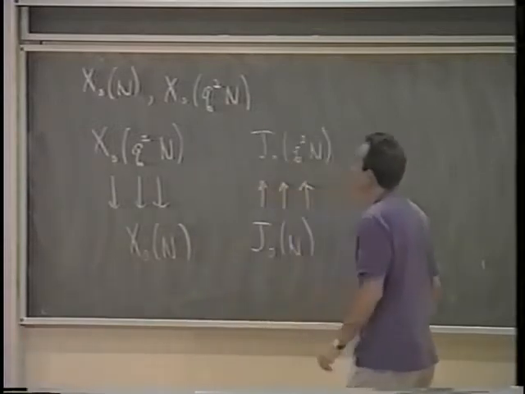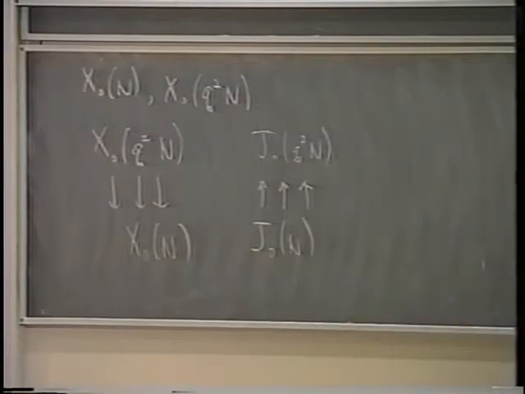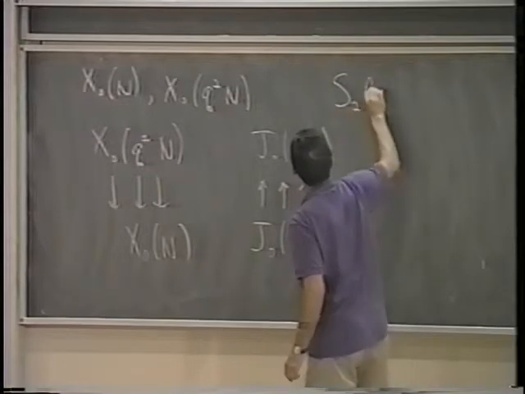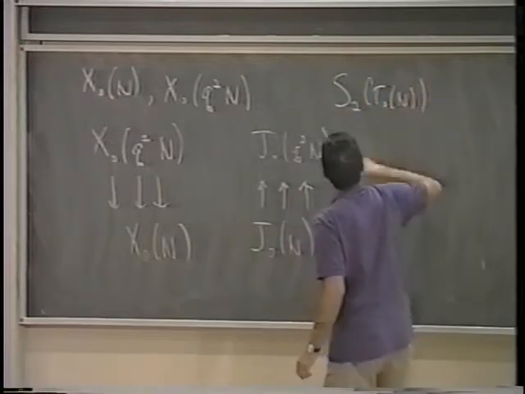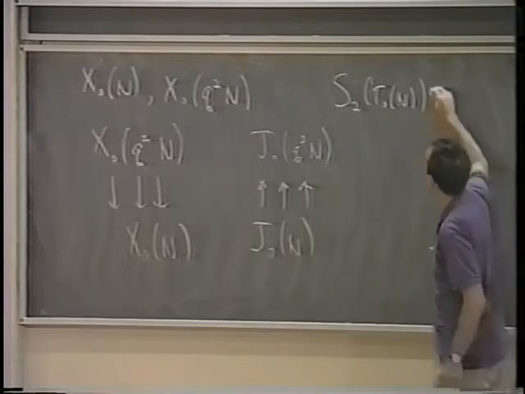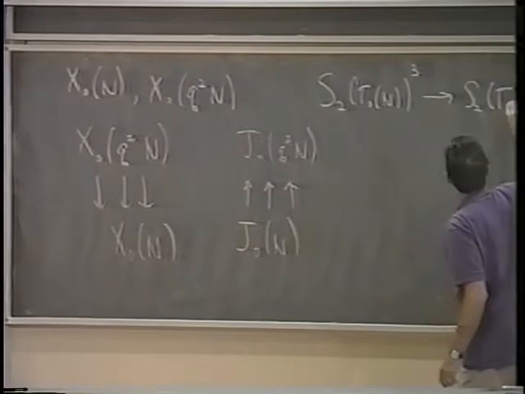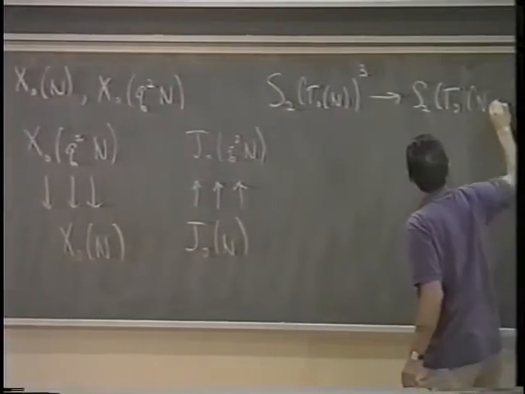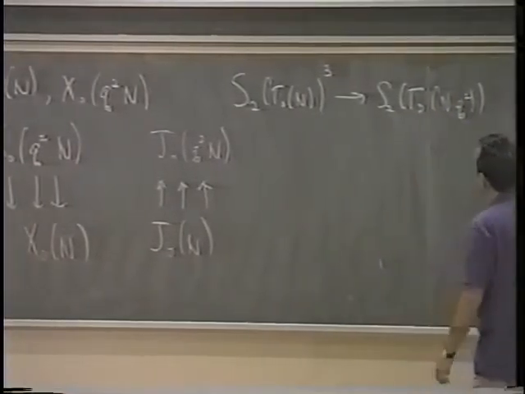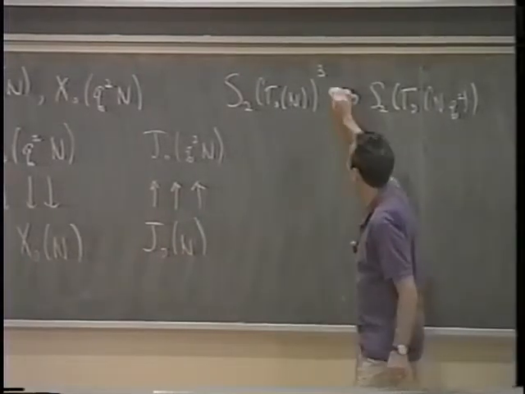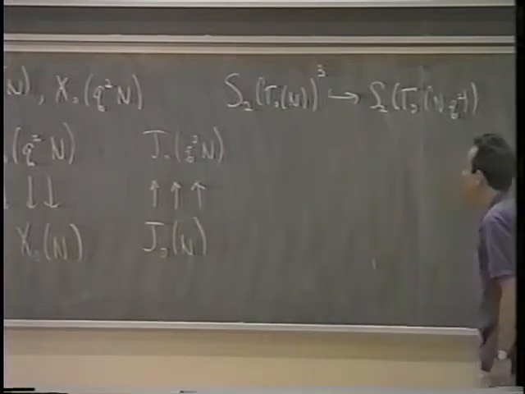And if you think about what's happening at the level of cotangent spaces, at the level of modular forms, you'll see from one point of view or the other a map from 3 copies of the space of cusp forms of weight 2 on gamma 0 of n toward the space of weight 2 cusp forms of level gamma 0 of nq squared. And this map turns out to be injective. You see that on the way to thinking about the theory of new forms.